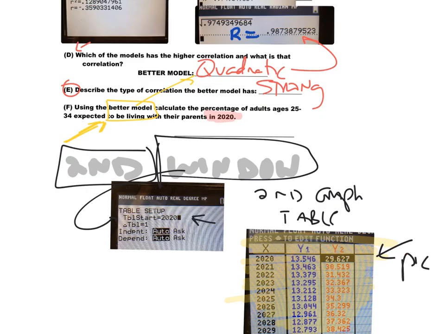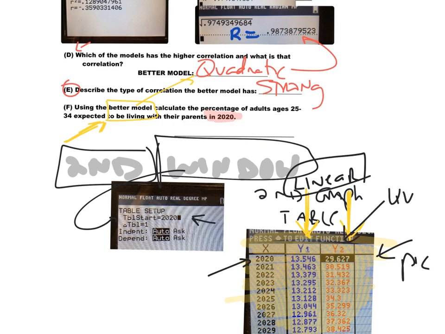Take a picture of your table, and here they say X is 2020, and notice you're given two columns, a Y1 and a Y2. Remember, the Y1 represented the linear model, the Y2 represented the quadratic model.